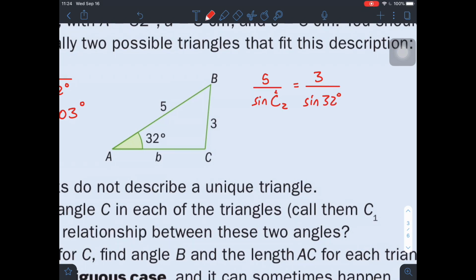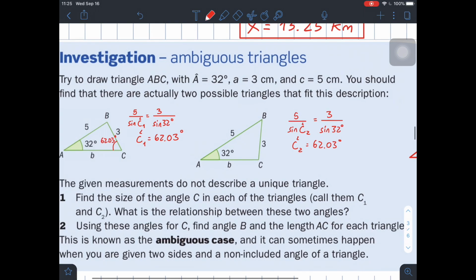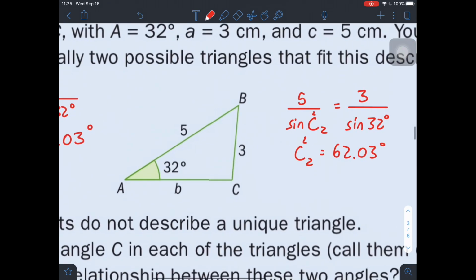But if we solve this, we're actually going to get the same answer, because we're doing exactly the same process. So we're going to get 62.03 degrees. But take a look at the angles. This one over here is an acute angle, while this angle over here is an obtuse angle.